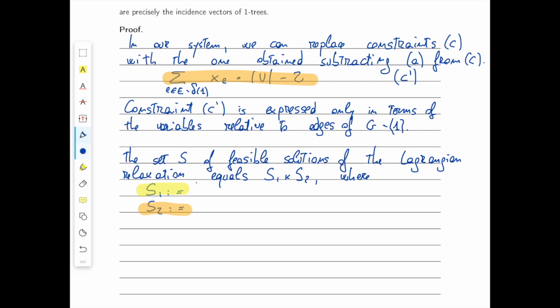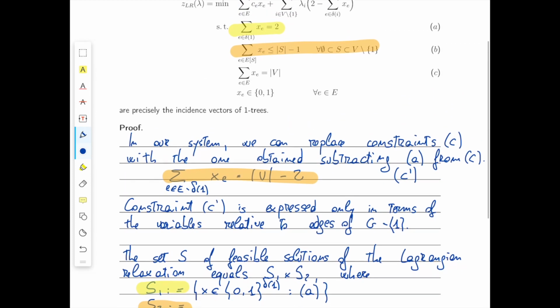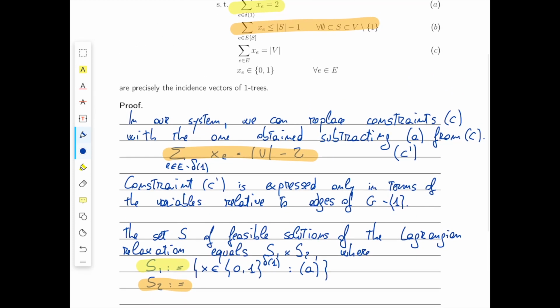So S1 is the set of binary points in dimension delta of 1 that satisfy only A, which, if we go back, is our only yellow equality, while S2 is equal to the set of x's in 0, 1 to the E minus delta of 1, such that the orange inequalities, which are B and C prime, are satisfied.